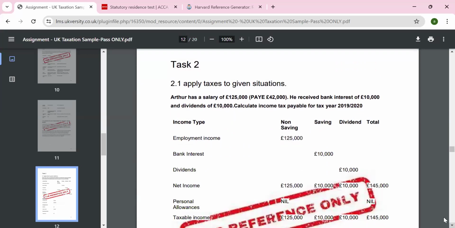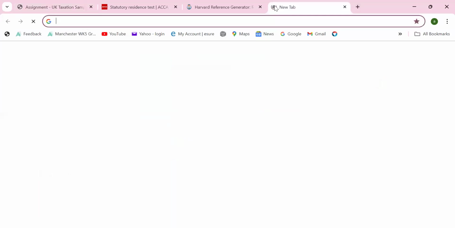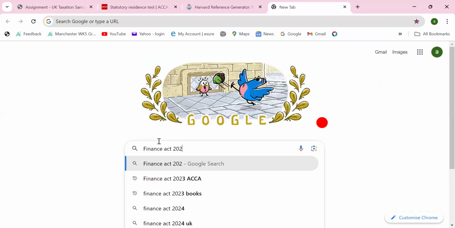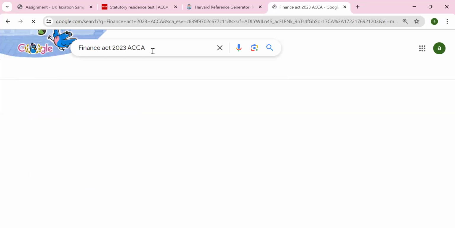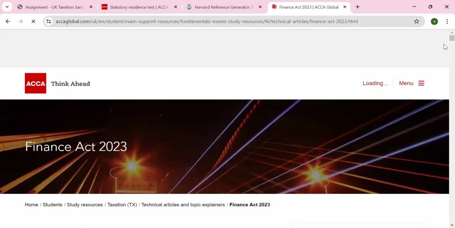Then 2.1, of course, apply the tax. We already added it, I gave you the example. So let's say you're doing Finance Act 2023, and next to that, if you write ACCA, you can find a whole lot of examples. These examples can be used.